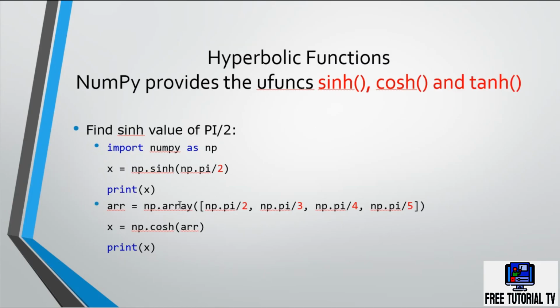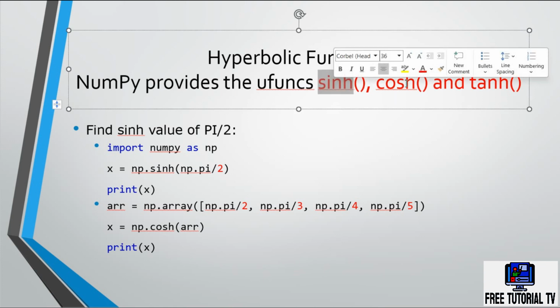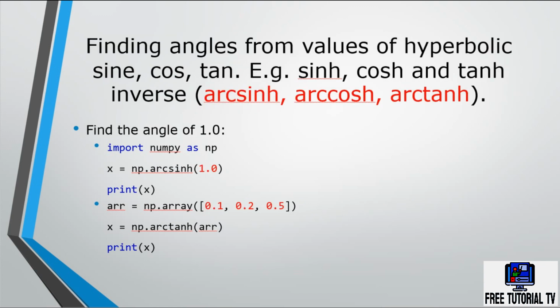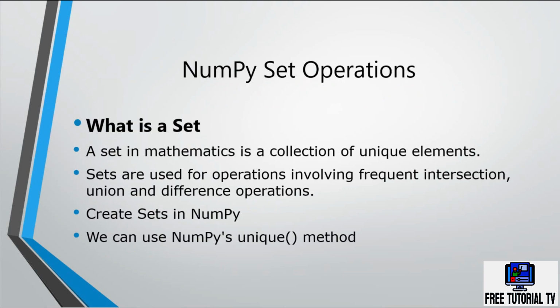Then you can calculate the cosine value, and then the sine and tan you can find out, and then you can do set operations. So what is a set operation? In mathematics, a collection of unique elements is a set.